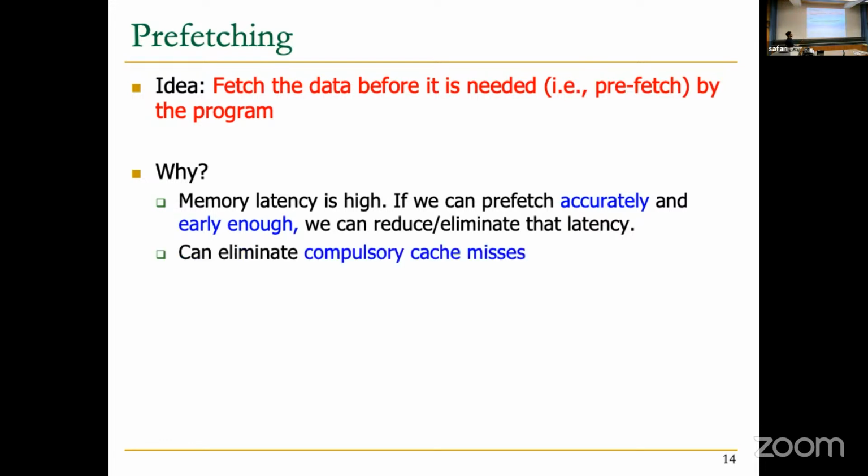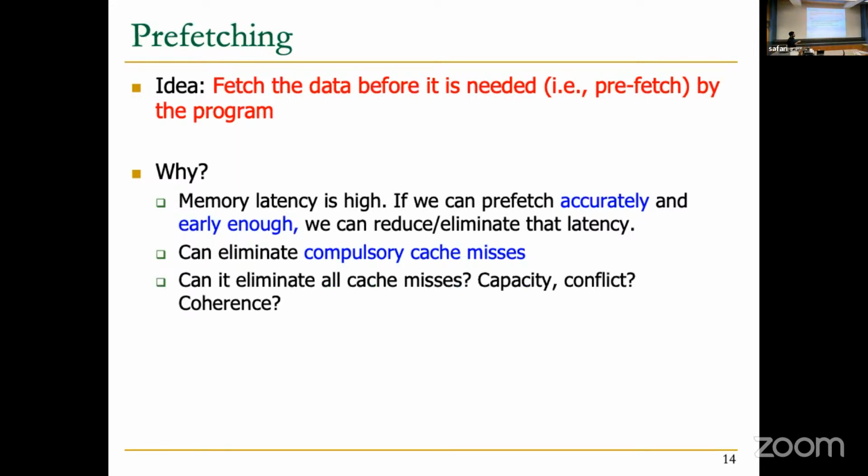It can also eliminate compulsory cache misses, in the sense that for requests the processor has not seen before, it can predict those requests far ahead and prefetch them into the cache hierarchy. It can eliminate compulsory cache misses, and it can also eliminate capacity, conflict, and coherence cache misses, which we are going to come back to later.